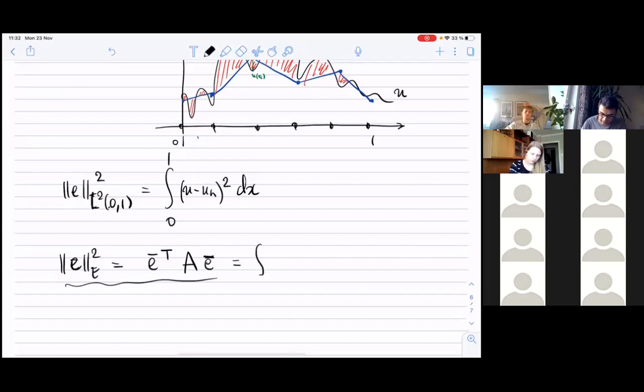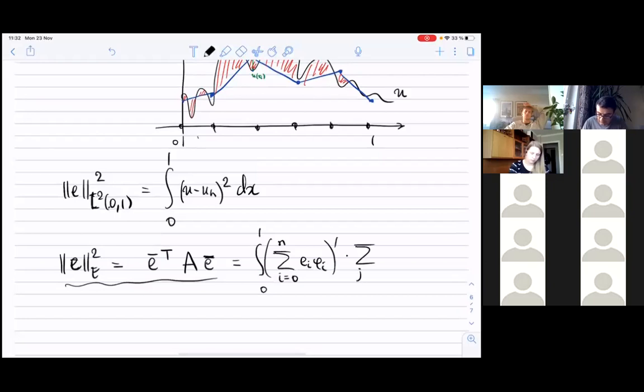It's going to be integral from 0 to 1, sum over i equal to 0 to n of e_i phi_i, and we have a derivative of that.